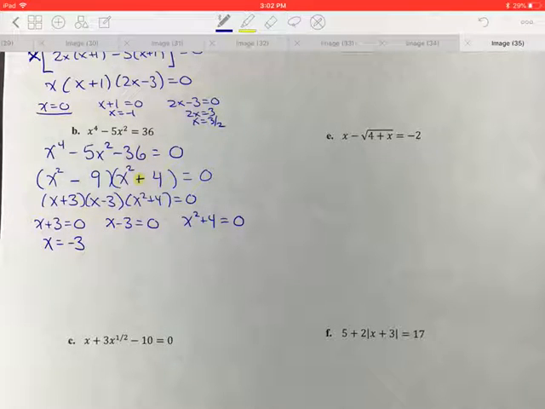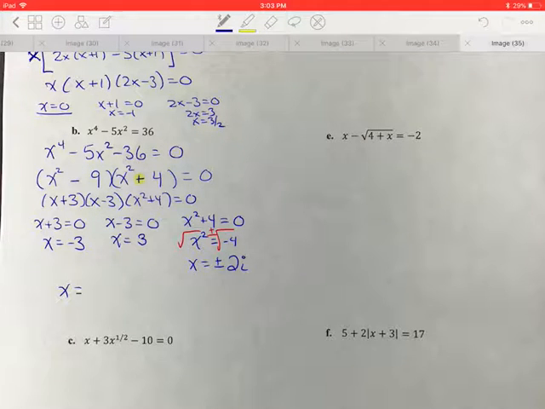So I get a solution of -3, I get a solution of +3. Now this one, I get x squared equals -4. This is a quadratic, so what I can do is take the square root of both sides. I need a plus and a minus. And I get x equals plus or minus, and then remember the square root of -4 is 2i.